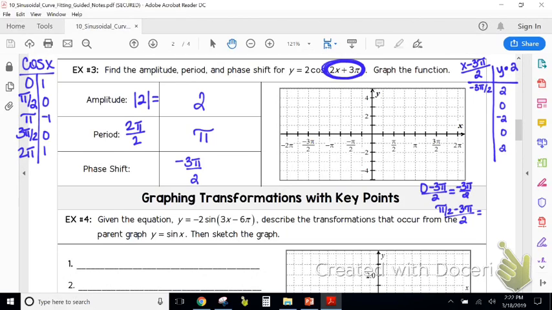It's negative 5 pi over 4. All right, so then I'm going to take pi minus 3 pi over 2. So negative 2 pi over 2, which is negative pi.